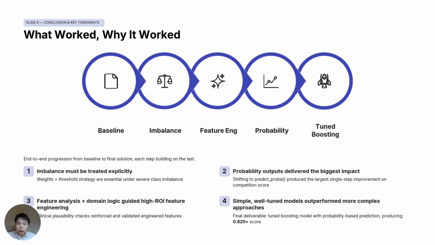The main takeaways are: imbalance must be handled explicitly, otherwise the model will ignore the diabetic cases; the probability outputs created the biggest improvement in my results; feature analysis and domain logic are the best guide for feature engineering; and a simple, well-tuned model can win, especially when the pipeline is aligned with the evaluation metric. So that's the story of my project in a nutshell. Thank you.